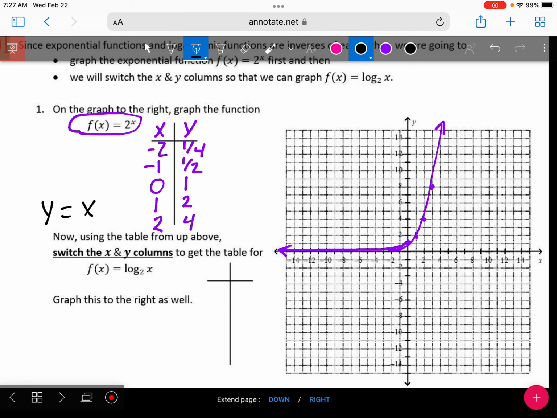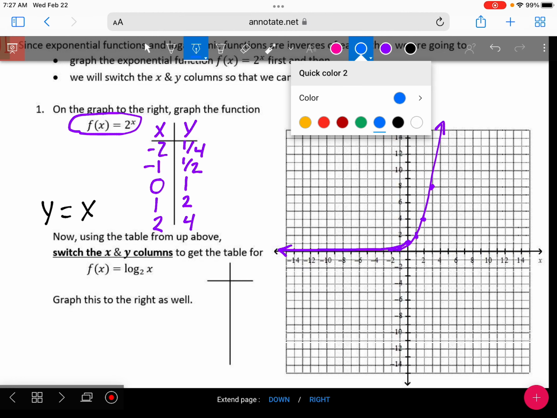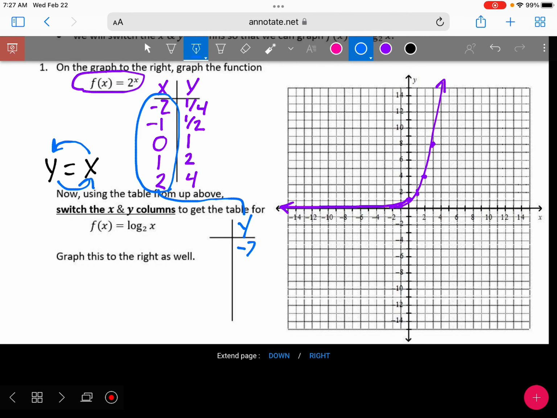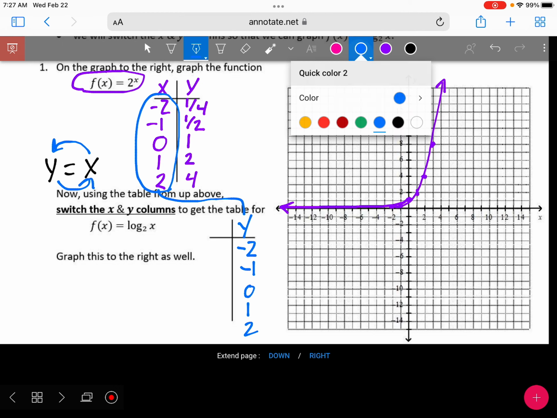When we make our inverse, we did this yesterday, we took our x and our y and we made them change places, right? Like that's how we make the inverse. To make an inverse graph, we're going to take what was the x column and put it in the y. -2, -1, 0, 1, 2.